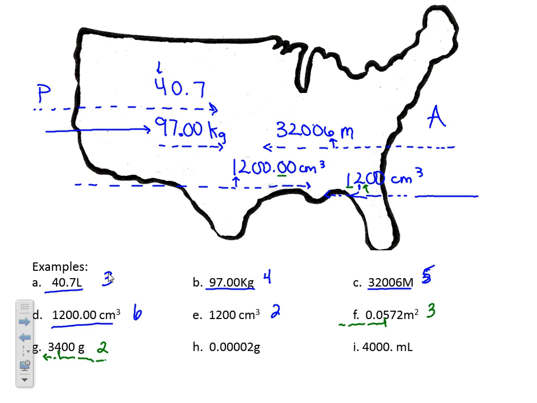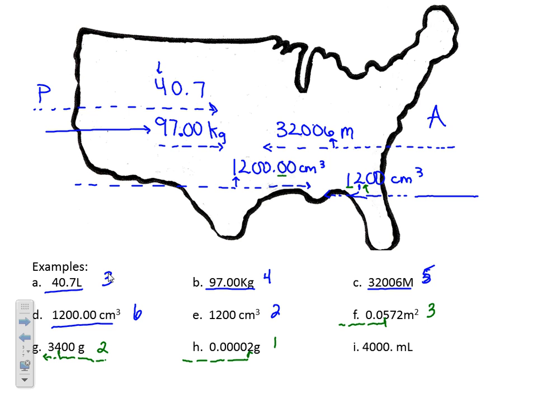That's the rule. If we look at letter H, and this is the one I always have such trouble with, the decimal's present, so we're going to come from the left to the right, and we start counting with the 2. This has 1 significant digit. But we can see that this electronic balance measuring the mass is very, very accurate. This is an expensive tool, but it only has 1 significant digit.